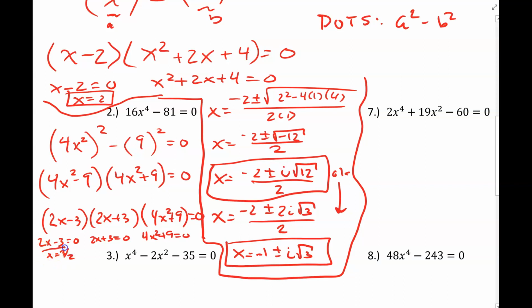There's the 1.5 that Lexi got. To solve 2x plus 3 equal to 0, what do we do? You gotta subtract 3 and then divide by 2. Good. That's the negative 1.5 that she quoted.